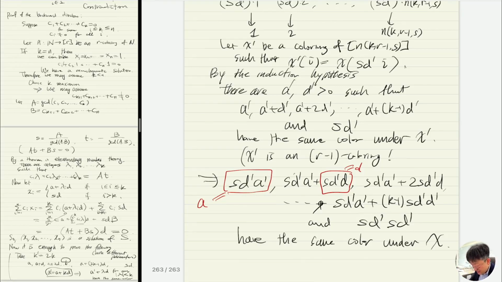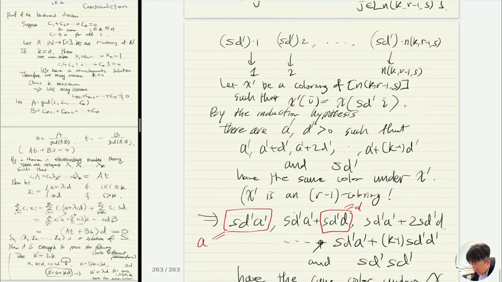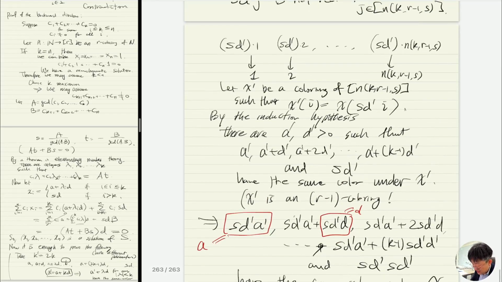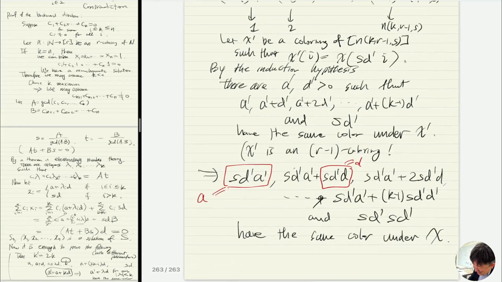Oh, I see. I realize I shouldn't use D prime because D prime was used. So I should say D double prime, let's say. What's the best way to fix it? Let's say D bar.